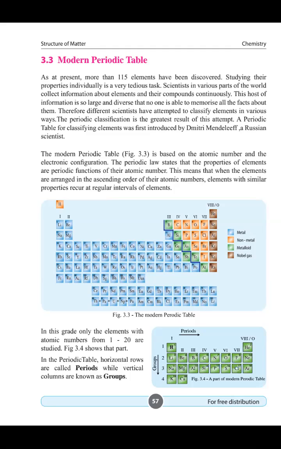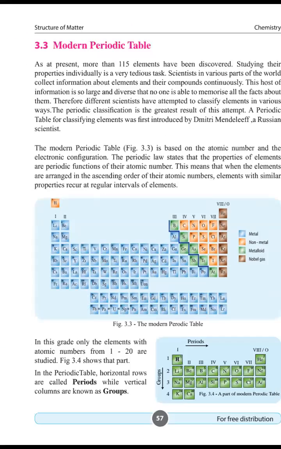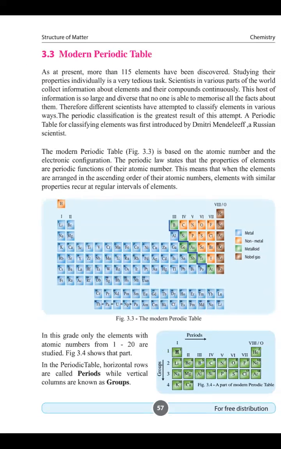The modern periodic table is based on the atomic number. You know, atomic number is the number of protons in the nucleus, and it is equal to the number of electrons. So the modern periodic table is based on the atomic number Z. So atomic number determines the electron configuration, because you know the electron configuration is determined by the atomic number.